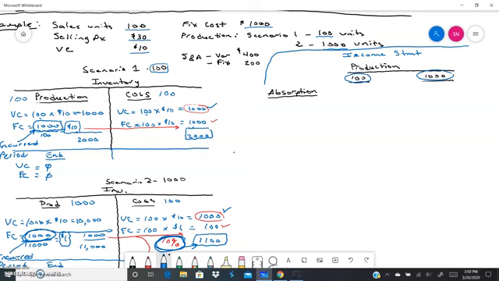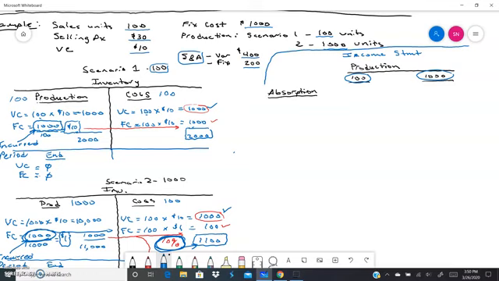Okay, and we'll start off first with absorption. The only other assumption that I changed was that we're going to have selling and administrative expenses, which are operating expenses, variable selling and administrative of $400 and fixed selling and administrative of $200. So this is the only change that I've added to our set of assumptions.